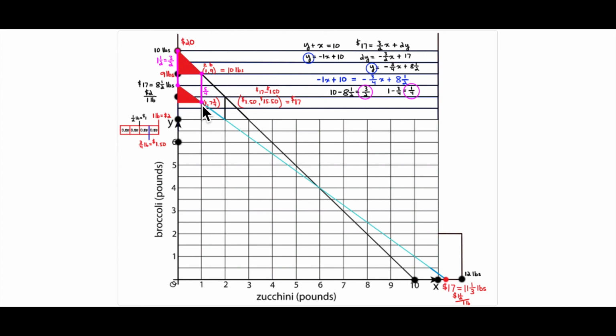So there's a net gain, a net increase in weight as you move along the $17 line of 1/4 pound for every pound of zucchini that's added, because you have to add an extra 1/4 pound of zucchini to stay on this $17 line. So 1 minus 3/4 is that extra 1/4. This is the difference in the slopes.